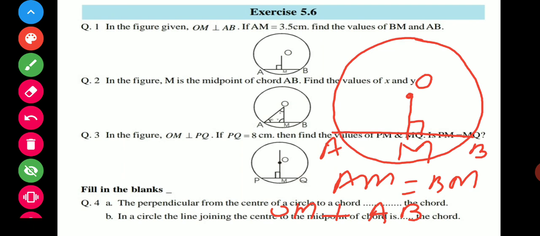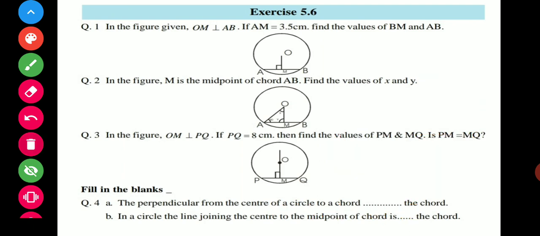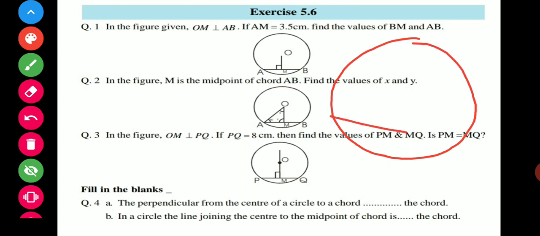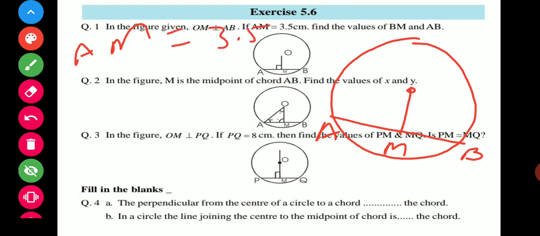So first question, I will try to do this. First question, AM is 3.5. First of all, we can make the bigger figure here, and this one is center. It is M, it is A, and it is B. So AM is given as how much? It is 3.5 centimeter.